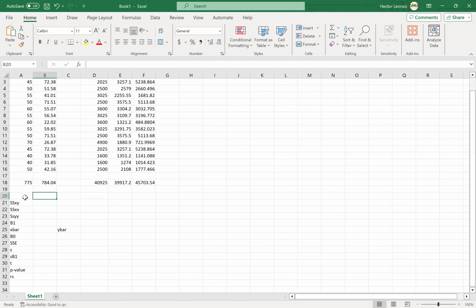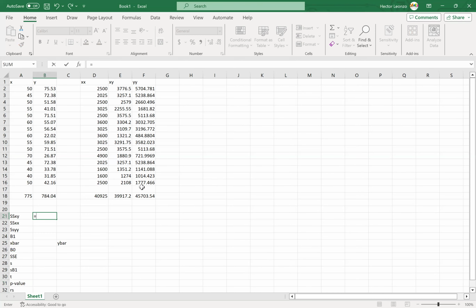Okay, good. My sum of the squares of xy equals, I gave you guys the formula, sigma x times y, minus sigma of x times sigma of y divided by n. I have 15 values, so 15.